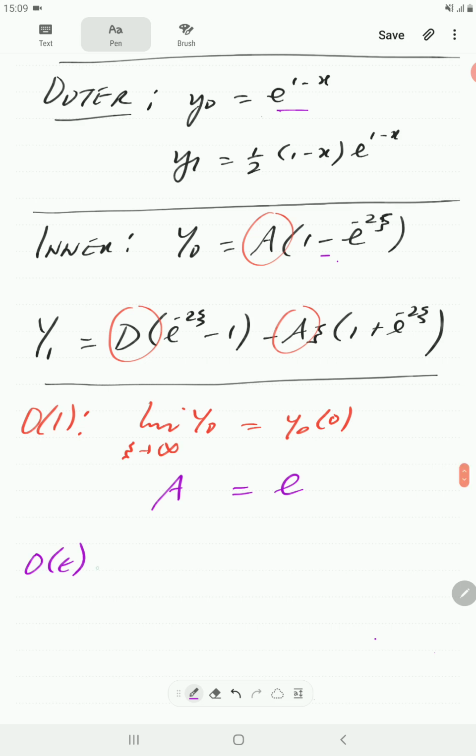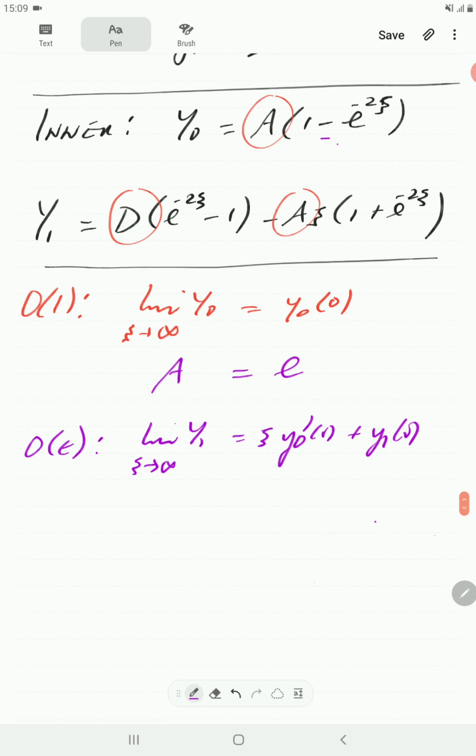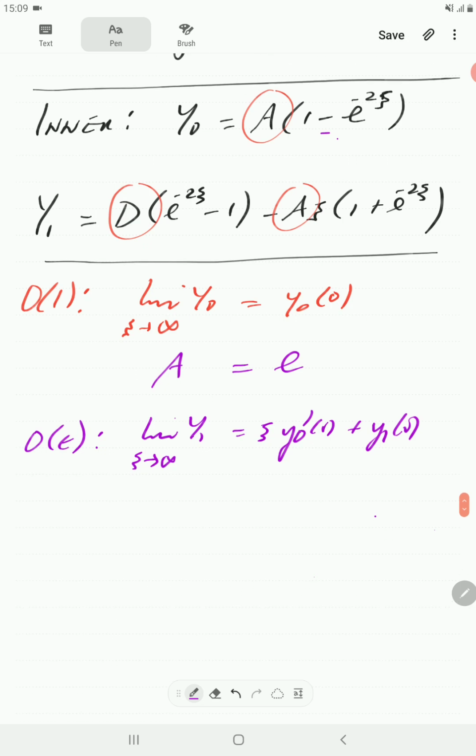Then at order epsilon, we have got limit y1 as xi goes to infinity. That is going to be xi times y naught prime evaluated at 0 plus y1.